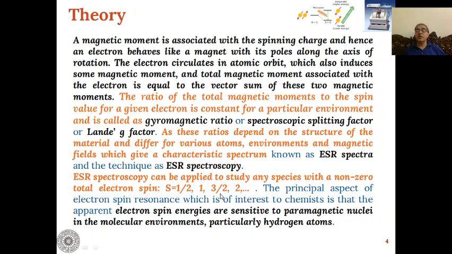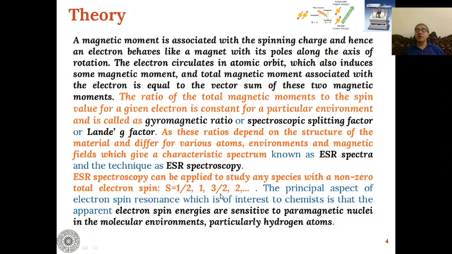Both spin states have the same energy. However, when we apply a magnetic field, generally through microwave frequency, the electron undergoes precessional motion and degeneracy is removed, giving rise to two spin states.